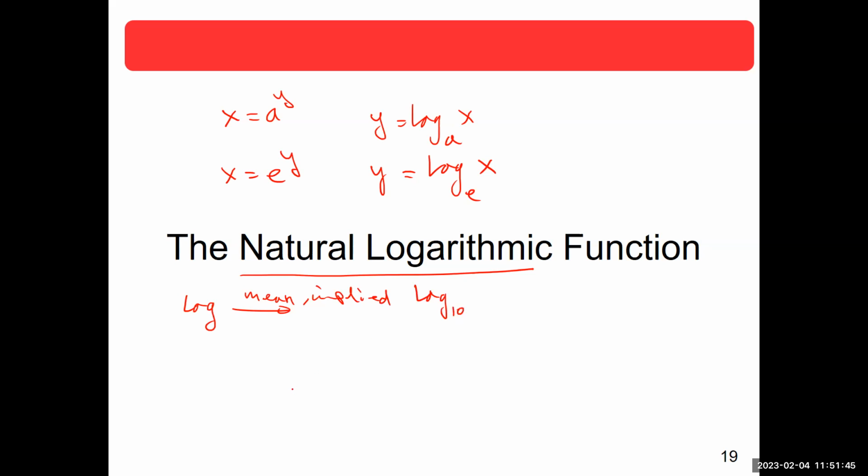That's automatically base 10. They are not going to tell you base 10, but it is base 10. And the confusing part is this symbol, LN. LN means log base e.